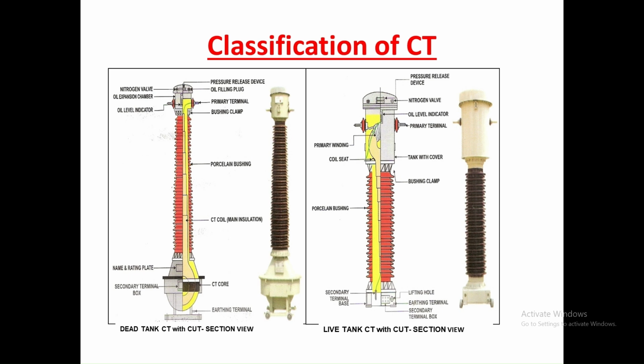Here you can see a cross-sectional view of a dead tank CT and a live tank CT. In the dead tank CT, the secondary terminal is at the bottom part of the CT, and the oil is at the primary side.